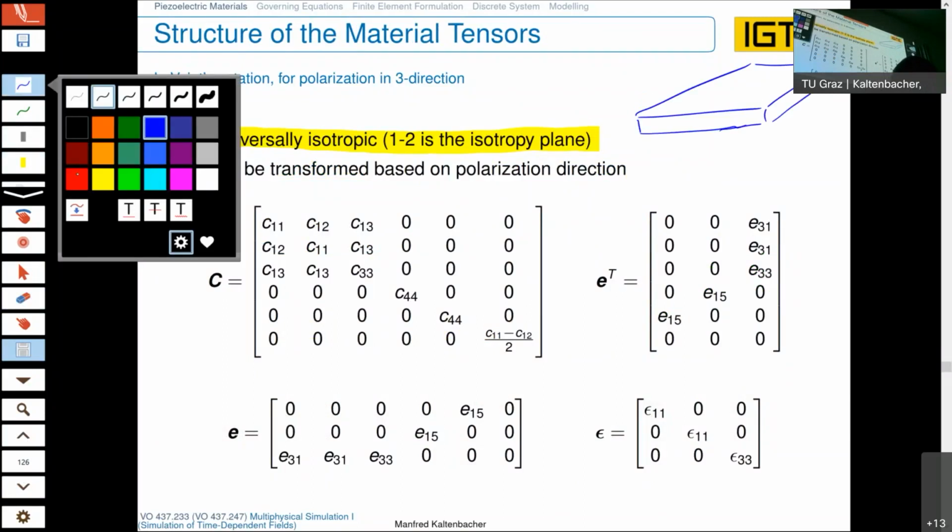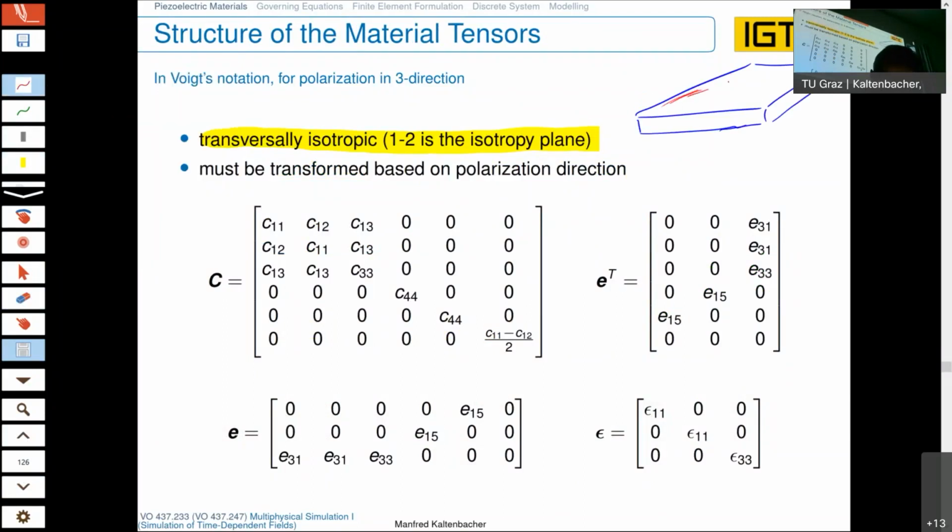And on the top and on the bottom, you have your electrodes. Yeah? So you have here an electrode. And we put in here now our coordinate system, which is simply X, Y, Z. So you see, when you apply a voltage, you would have polarization in Z direction, and that is mainly, as you will find in these material tensors, that it is assumed that they are polarized in thickness direction.